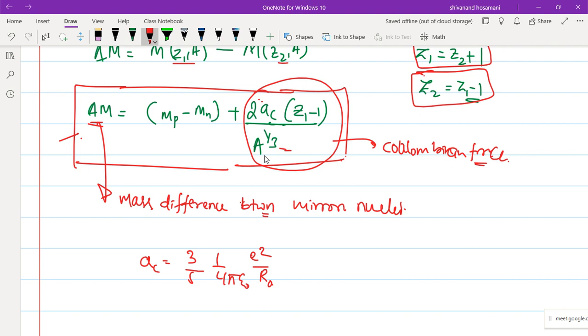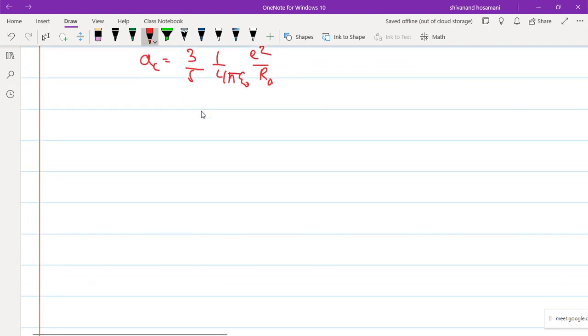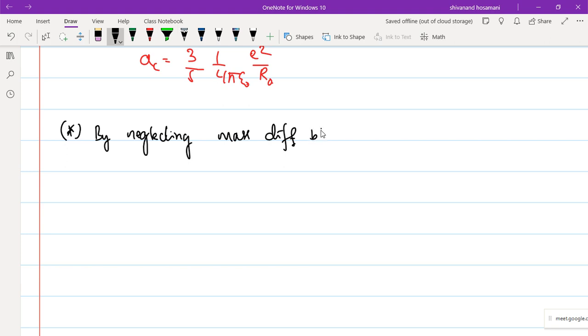So keeping this point in mind, let us discuss how the radius can be calculated. From this expression, if you know the difference between their masses, then the mass difference between Mp and Mn, if you treat Mn and Mp as nearly the same, so neglecting the mass difference between the proton and neutron, we get delta M equal to 2 times EC divided by A to the power of 1 by 3 into only Z1 minus 1.